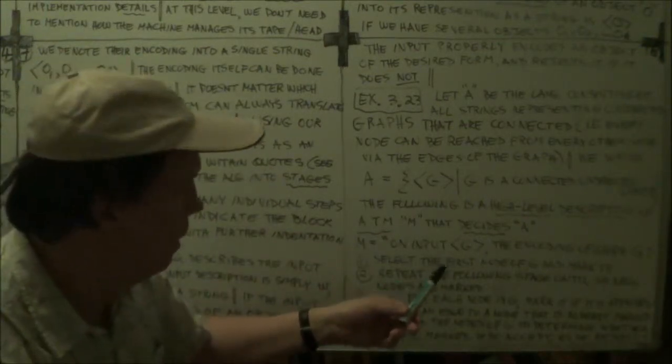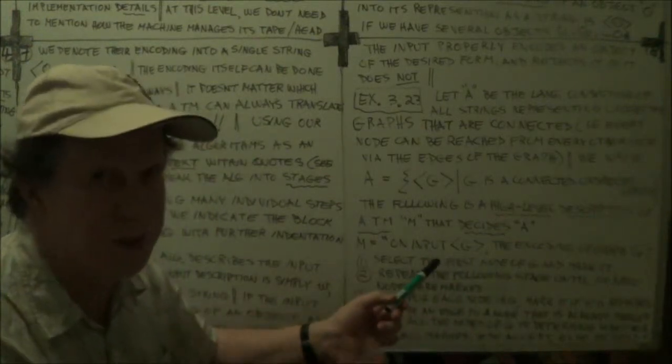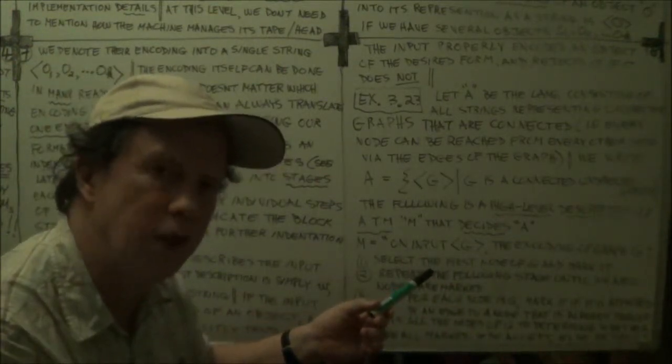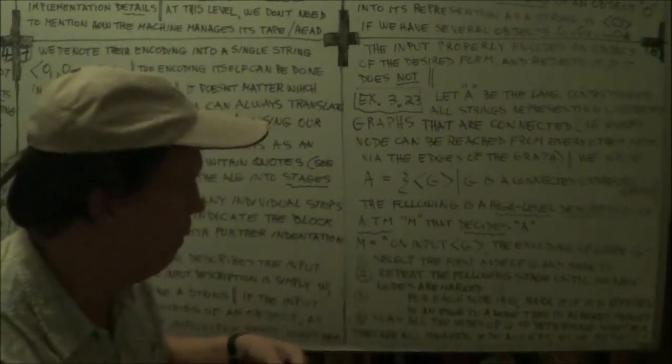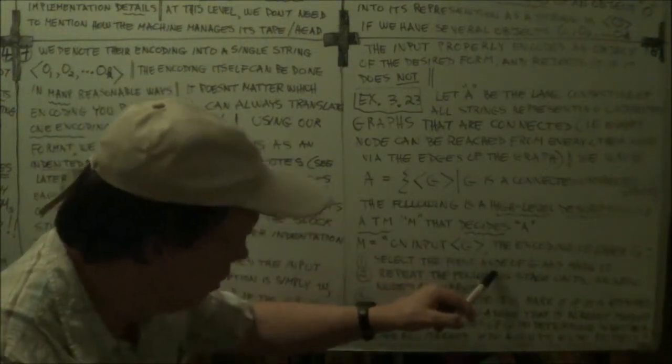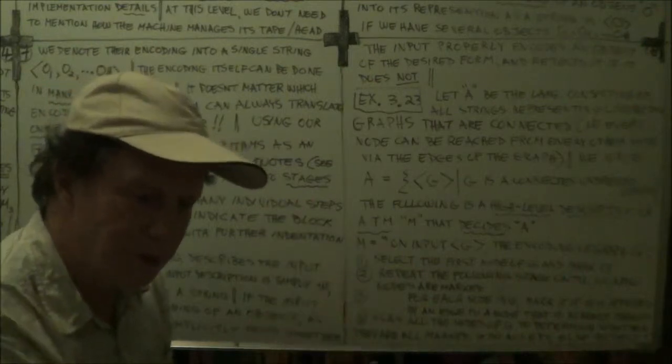Now you may ask, this is a high-level description. If you ask a question like, how does the machine know which node is the first node? A question like that is lower level, more detailed. That wouldn't be considered high level. So you find the first node in your graph and you mark it, whatever that means.